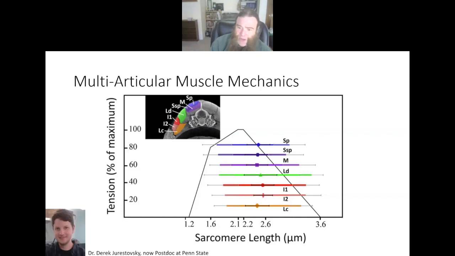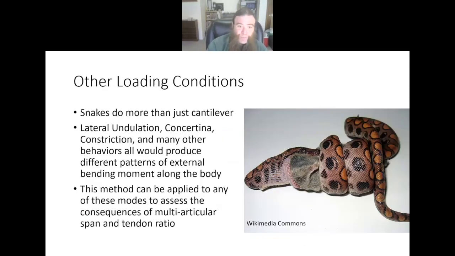And they're all weirdly consistent across all the muscles. If you did this within a human arm, you wouldn't see anywhere near this level of consistency. So why? We don't know. This is a constrictor, so maybe this has something to do with its constriction behavior, but maybe this has something to do with the multi-articular nature of the muscles, because this sort of level of consistency is weird.